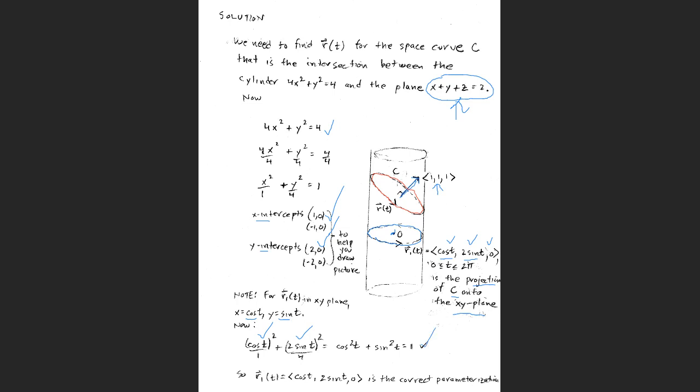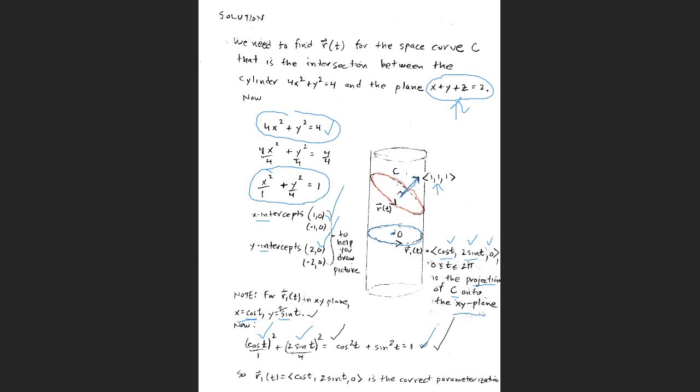Okay, so basically the elliptical cylinder, which was originally 4x squared plus y squared equals 4, can be rewritten as x squared over 1 plus y squared over 4 equals 1. And so if we plug in x equals cosine of t and y equals, this should be a 2 here, little typo, this should be y equals 2 times the sine of t, if we plug those into the elliptical cylinder equation on the left side, we get a 1 on the right side.